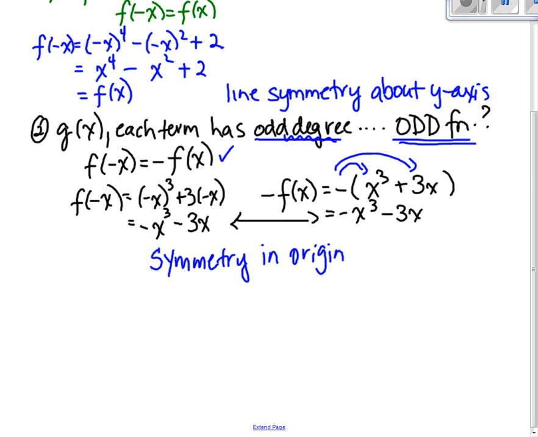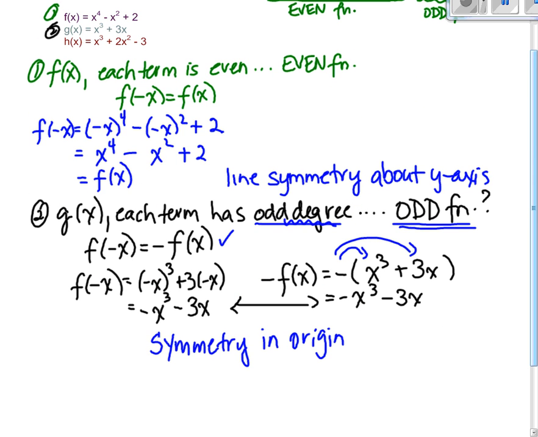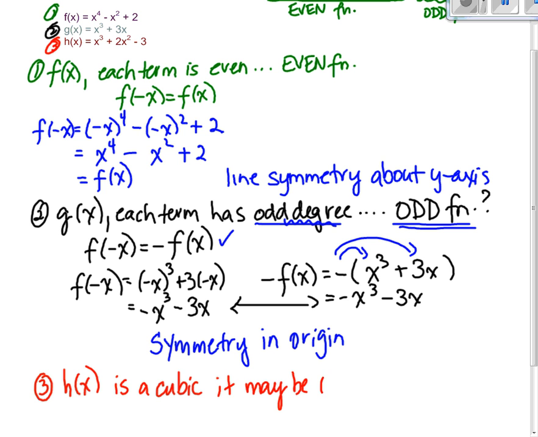Last, h of x. H of x is a cubic, it could be odd, and have symmetry in the origin.